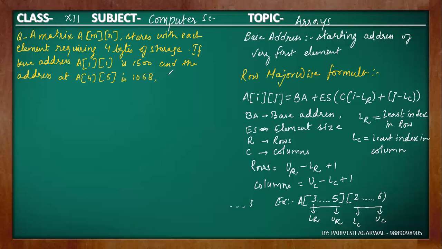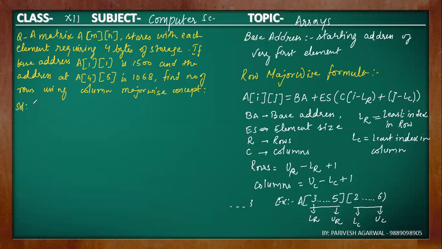What you have to find is the number of rows using the column major wise concept. Now, what is the column major wise concept? Like we all studied the row major formula, it is the same as row major.